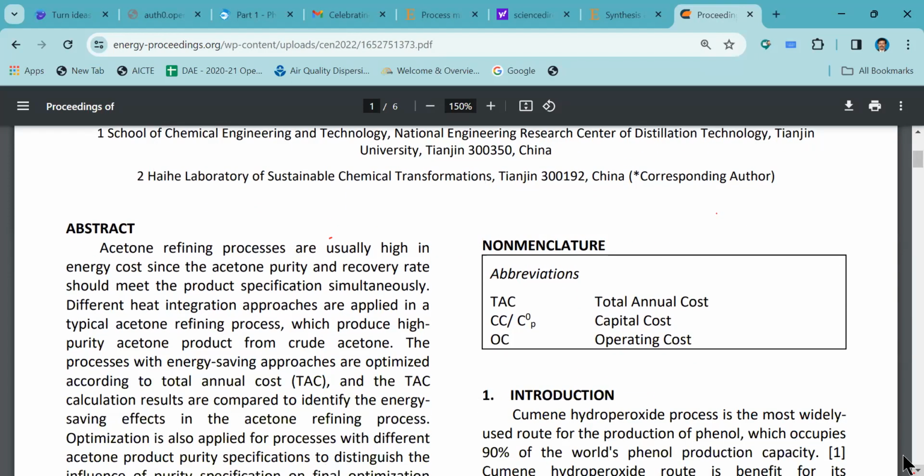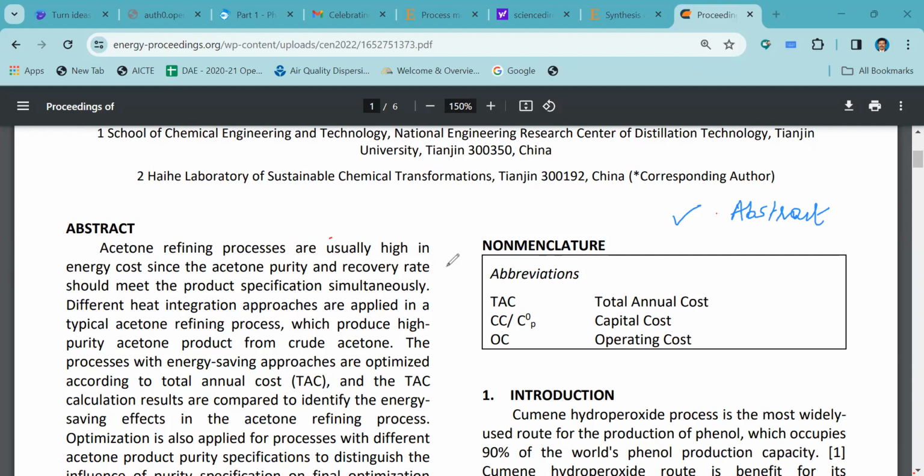Okay. So now, how to go through this particular article? Our main aim should be to look at, number one, the abstract. In the abstract, generally, they will try to express the main focus of the work.